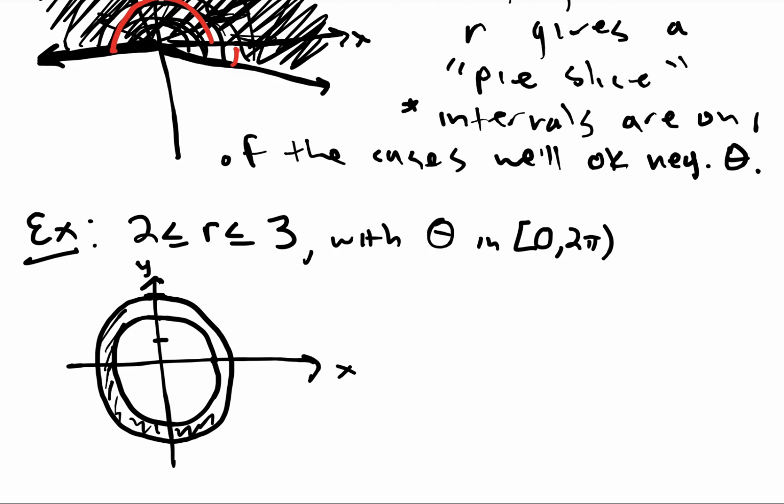Everything inside of this ring is my region. You notice my distance from the origin is somewhere between 2 and 3, assuming that these are circles, and my theta I've allowed to vary. If I had let r shrink down to 0 here instead of 2, we probably would have gotten the full disk.